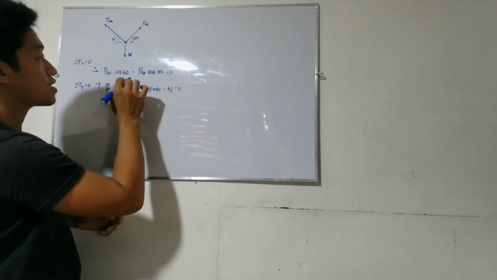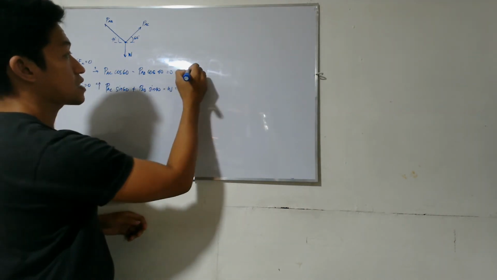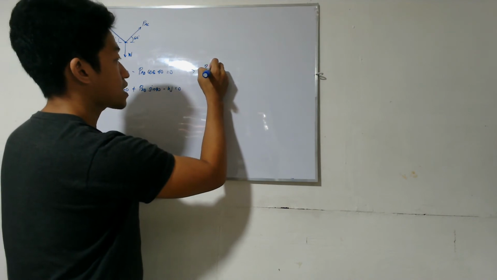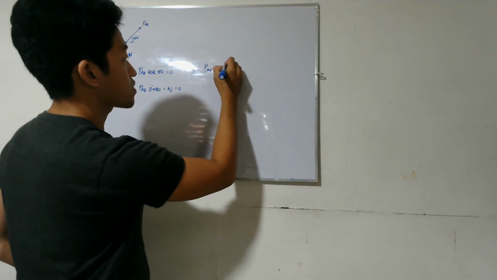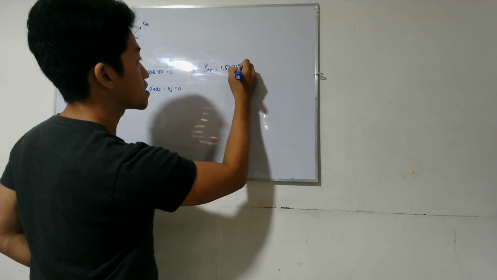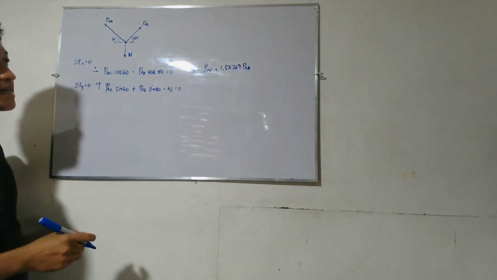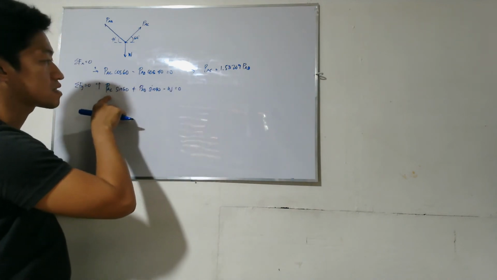Okay, if we get the relationship between PAB and PAC, this would result to PAC is just equal to 1.53209 PAB. Okay, and then we will substitute this one here.